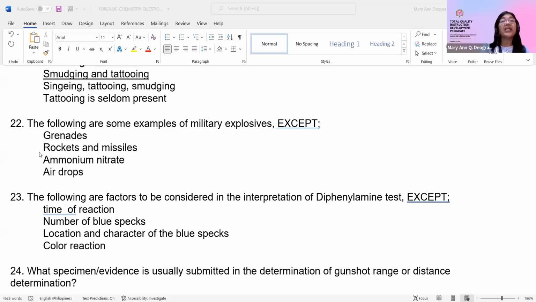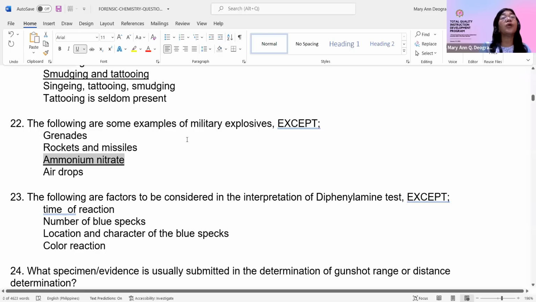Okay. So grenades, military explosive yan. Rockets and missiles, military explosive. Airdrops, military. So ang exception na lang dyan is the ammonium nitrate. Although it is classified as a high explosive, according to design, it is considered as an industrial explosive.